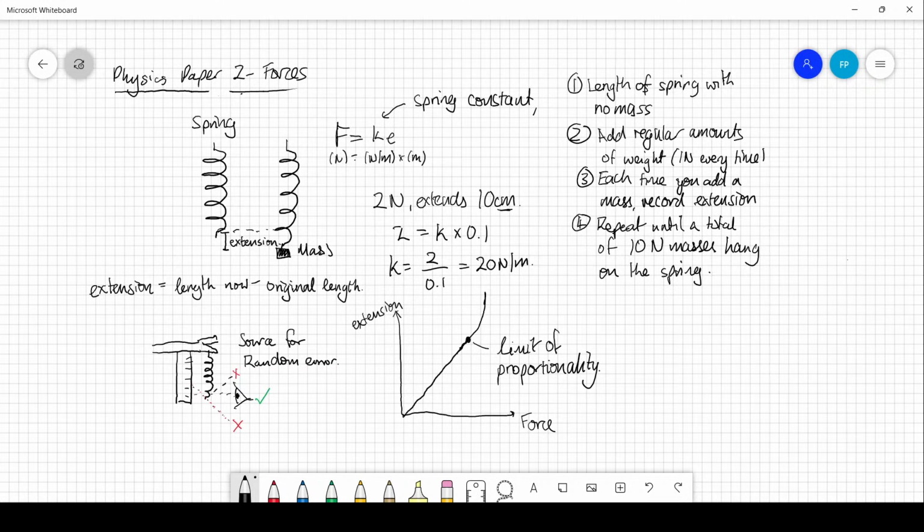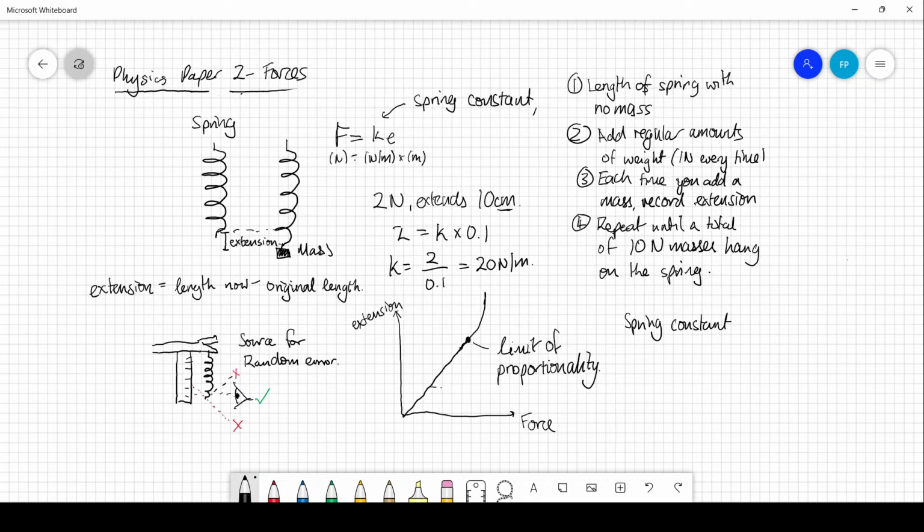Another neat thing about this graph as well, it can be used to calculate the spring constant. The spring constant in newtons per meter is also the gradient, but in this case you'll have to do it the other way around.